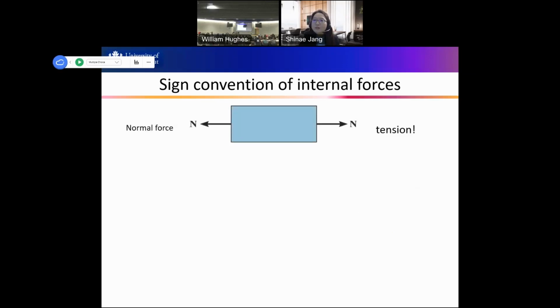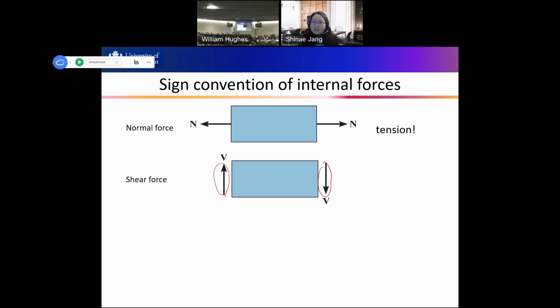So I give you the positive sign convention. For the normal force or axial force, we know tension, right? Tension is positive and compression is negative. Shear force is tricky. It's a pair of forces: right side downward, left side upward.